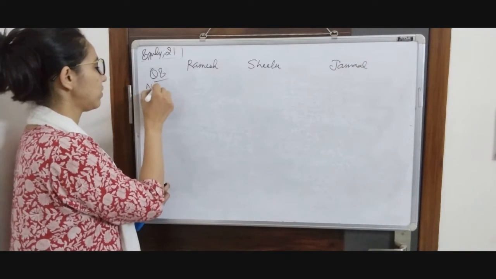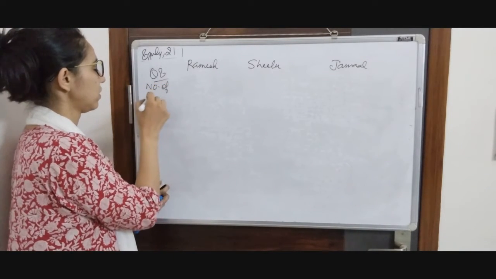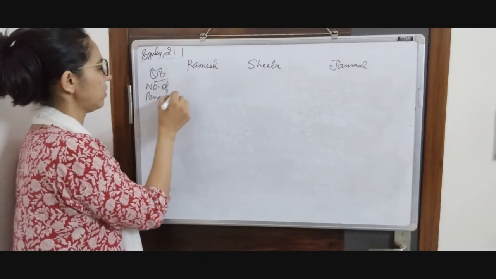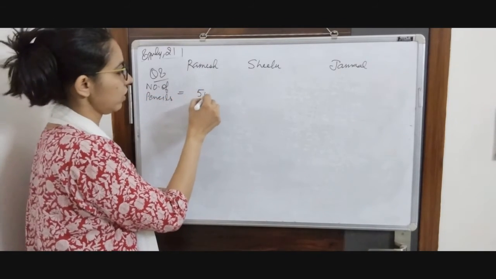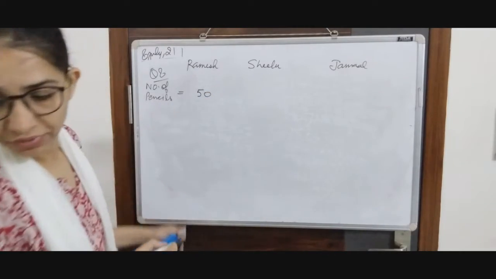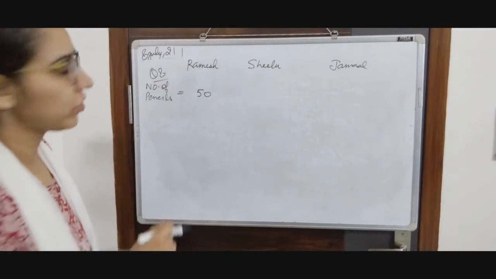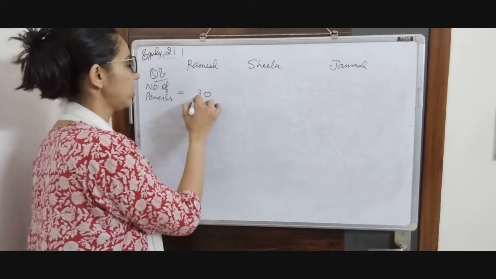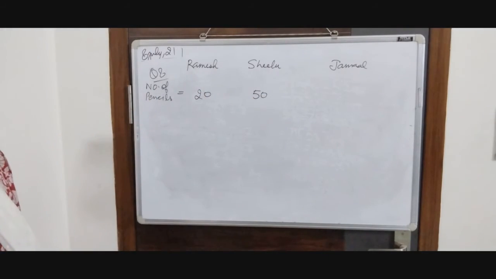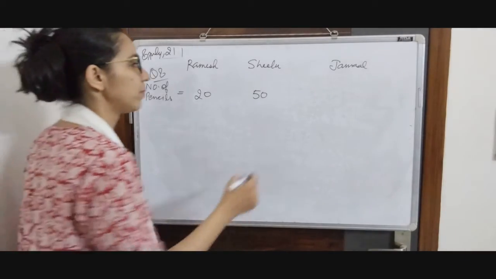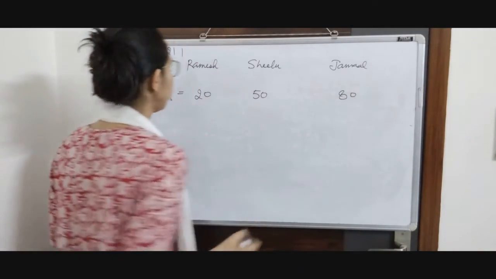So the number of pencils we are going to write. Ramesh has 20, Shilu has 50, and Jamal has 80.